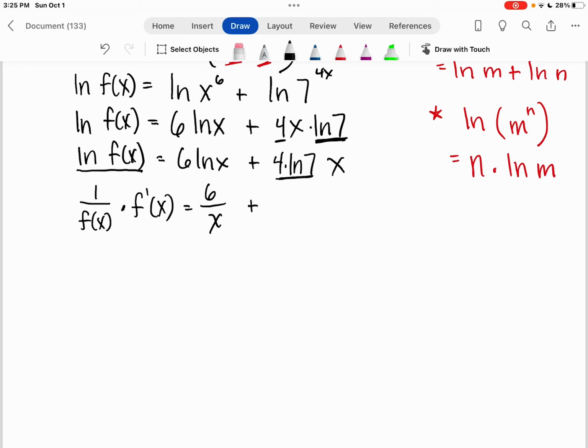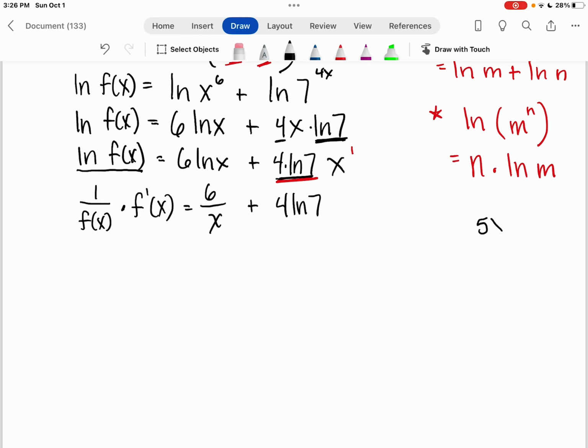And now, when I take the derivative of 4 times the natural log of 7 times x, I keep my coefficient, and I take 1, which is the exponent, using the power rule, 1 times 4 times the natural log of 7, and then that becomes x to the 0, which is 1.